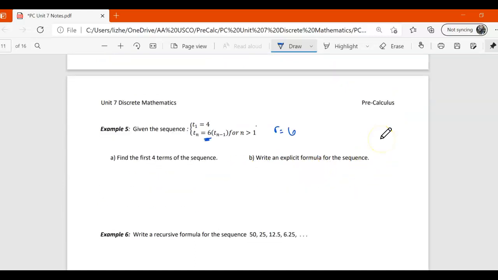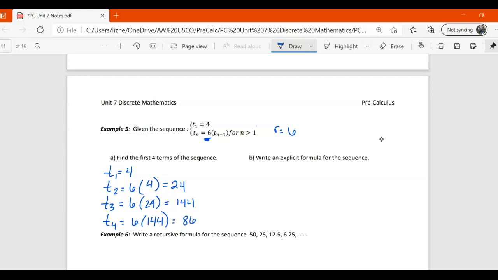So find the first 4 terms. Well, T1 is 4. T2 is 6 times the previous, which is 4, and we get 24. T3 is 6 times the previous, which is 24, and we get 144. T4 is 6 times the previous, and we get 864. So these would be the first 4 terms, 4, 24, 144, 864.